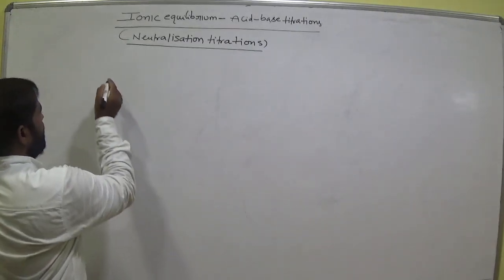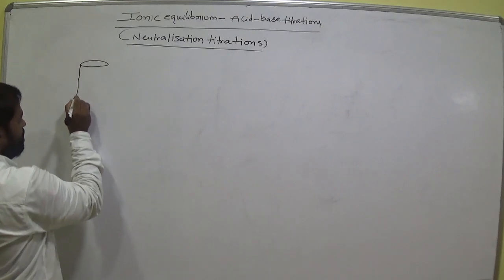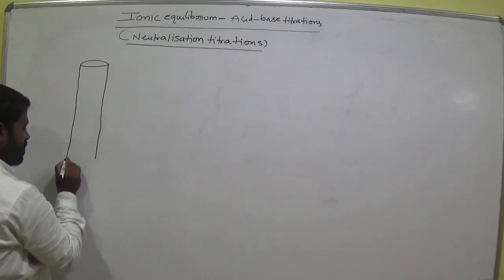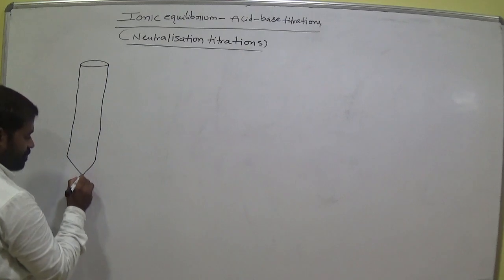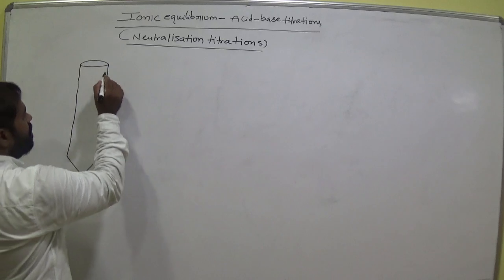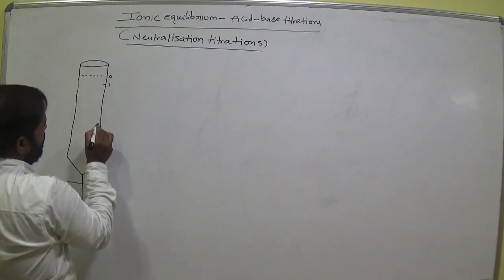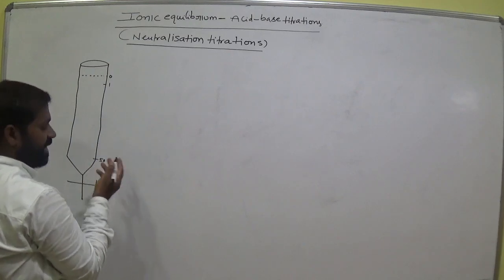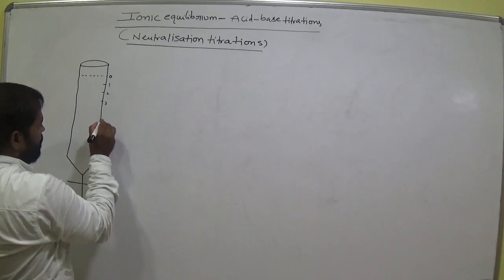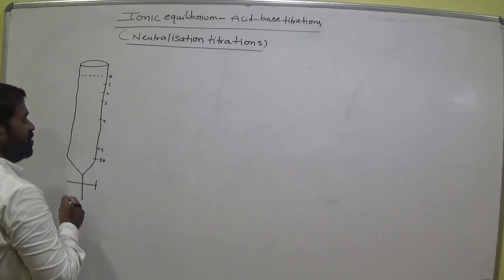Let's take the diagram of how the titration procedure takes place. In the second year we have the practical regarding this. It starts with 0, then 1 up to 50, with 10 ml measurements, 2, 3, 4, and 49, like that, from 0 to 50.